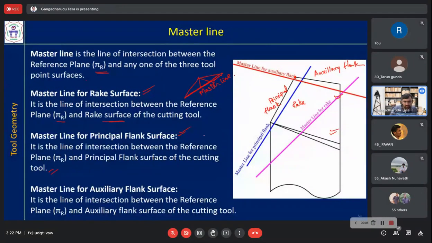The master line for the principal flank surface is the line of intersection between the reference plane pi r and the principal flank surface of the cutting tool. Here also we have seen one triangle in 3D, and for that triangle you have a line going through several points, 4 points. That is the master line for that flank surface. Similarly, the master line for the auxiliary flank surface is the line of intersection between the reference plane pi r and the auxiliary flank surface of the cutting tool. It is similar for this flank surface.